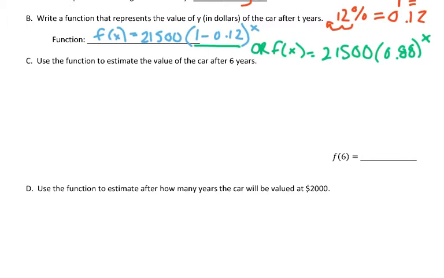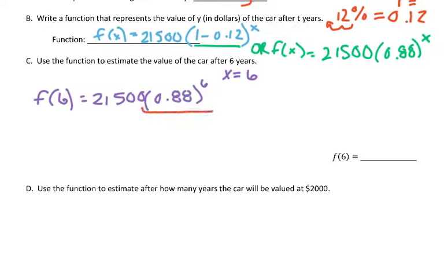Alright, so then they want you to use the function to estimate the value of the car after 6 years. So that means that x is supposed to equal 6. So we're just trying to find f of 6. And so we plug in to the 21,500 and 0.88, but now it's to the 6. So how do we evaluate that? Well, PEMDAS says you do your power first. So 0.88 to the 6 is supposed to be 0.4644, a bunch of other decimals.